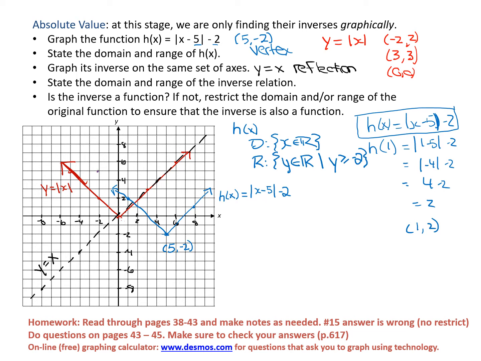And then I can pick another point that I have. Let's say I look at this one here. We actually calculated one over here on the left. So (1, 2) is going to be flipped over, and that's going to go to (2, 1).